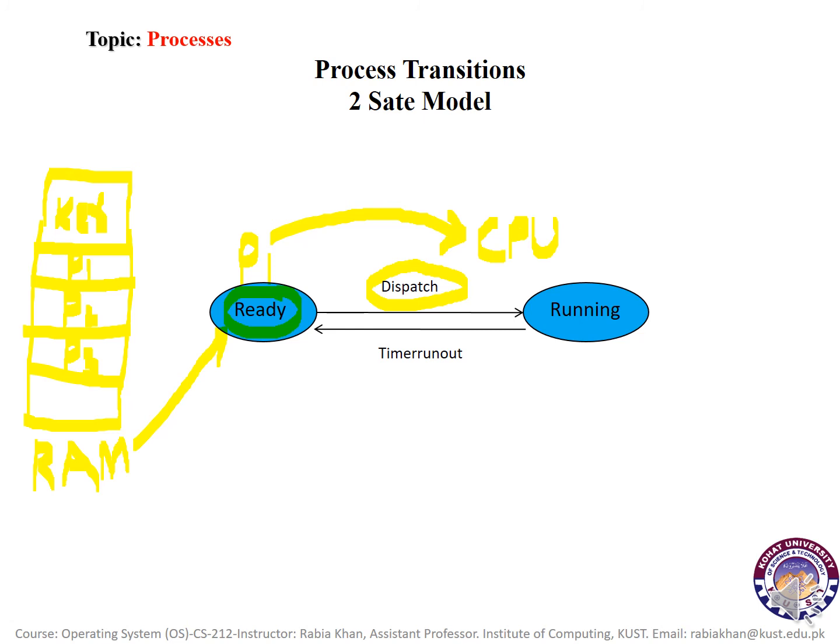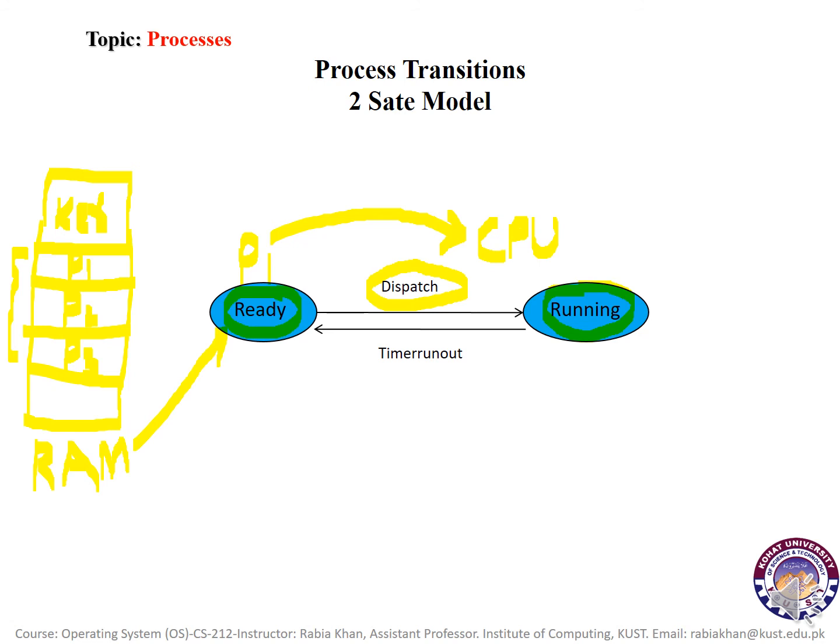So when the process is executing on the CPU, that means its state has been changed to run. And after running, it may happen that the time it has been assigned to run on the CPU expires. We will be discussing how time runout happens in a coming chapter. Since you have a single processor and so many processes required to be executed on it, time sharing means CPU time is shared among these different processes stored in RAM.